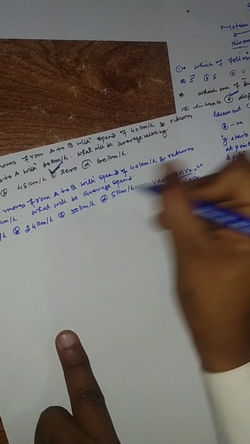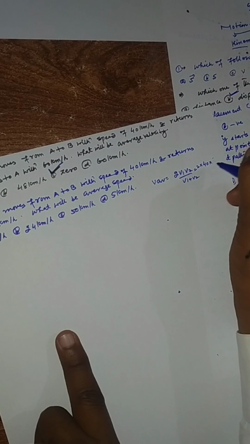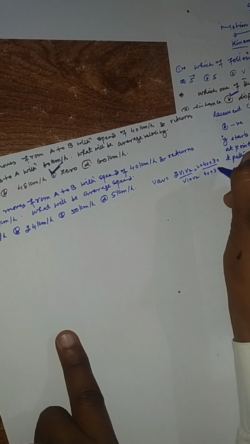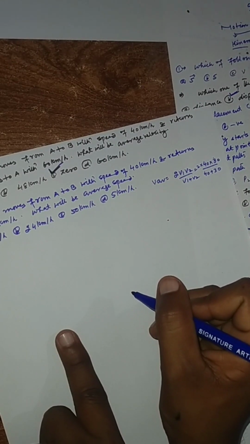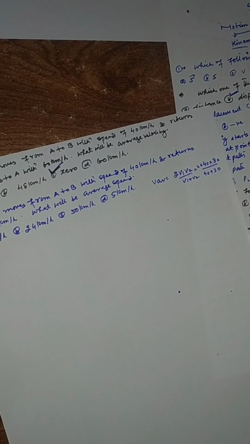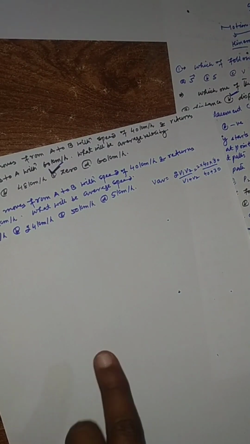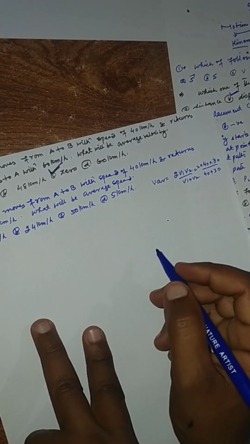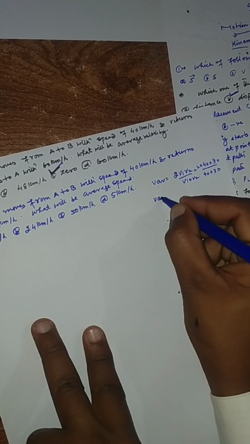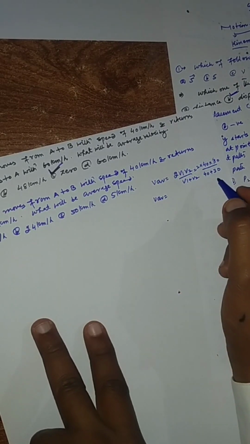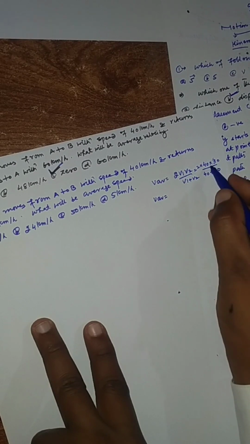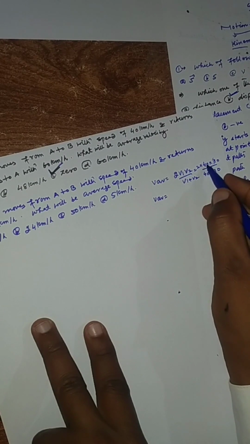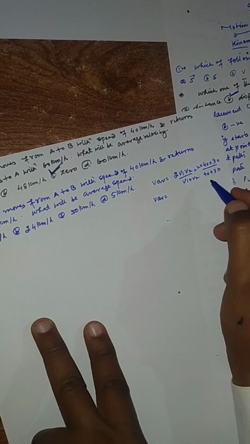So by putting the values in this, v1 is 40 and v2 is 30. So the average speed will be equal to 2 into 40 is 80, and 80 into 30.